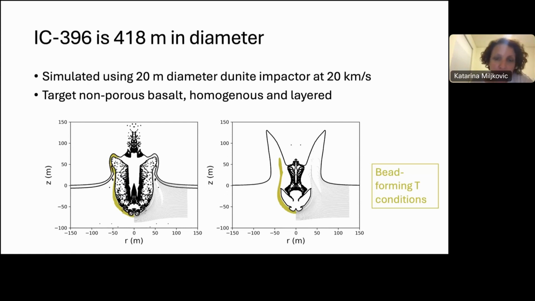That's how much regolith was there. And what you see in this olive color is the ejecta material that is subject to the pressure and the temperature change that is appropriate for the conditions of temperature that beads can form in.